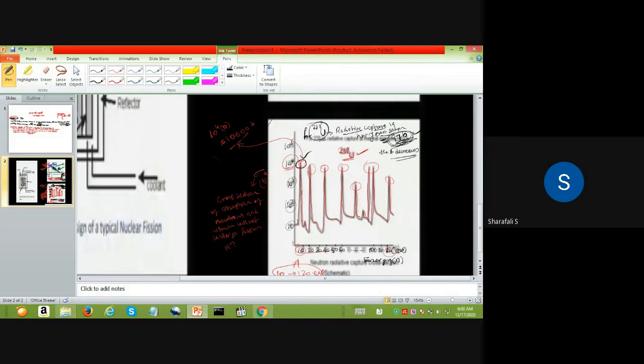That means the probability of uranium-235 to undergo radiative capture is very small as compared to uranium-238, because uranium-238 has a higher radiative capture cross section. That is just the absorption cross section I discussed.